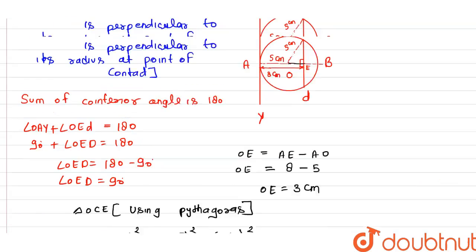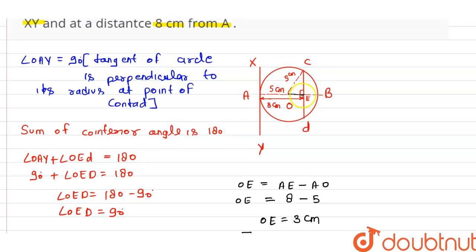So in the given figure we can see that OE is perpendicular to chord CD, and OE passes through the center.